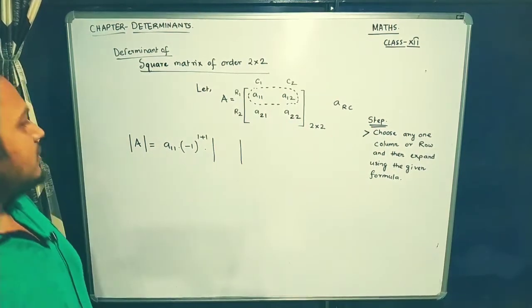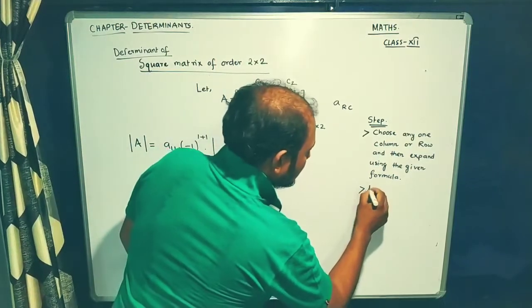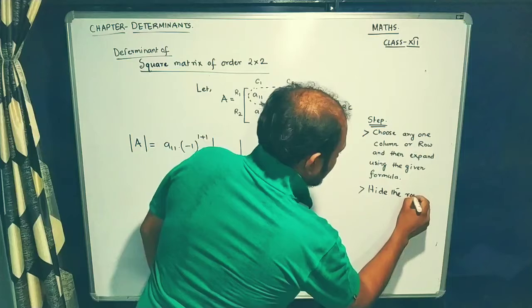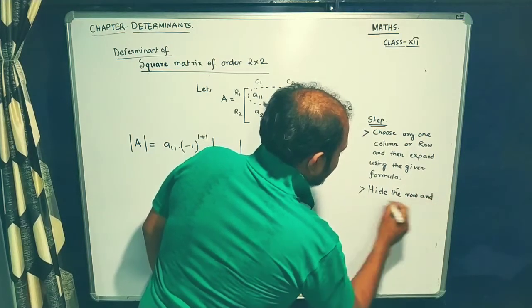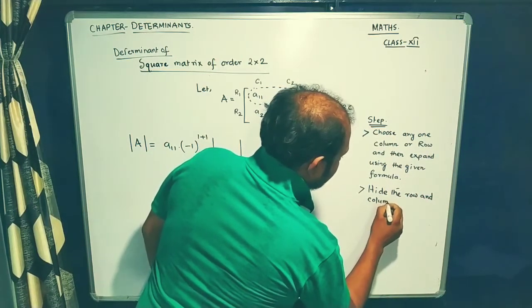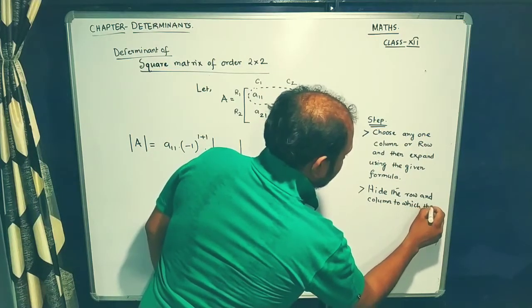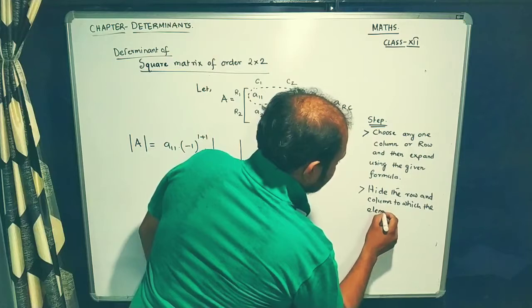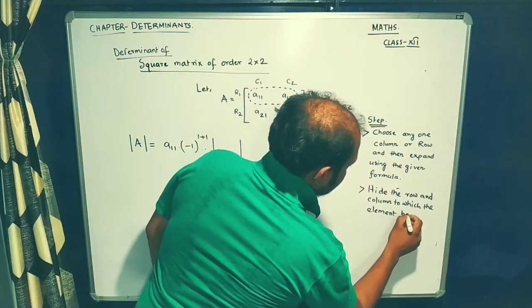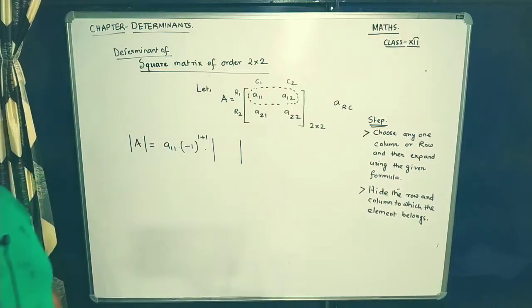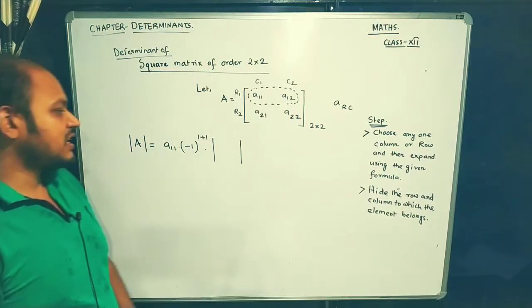Then the next step is to hide the row and column to which the element belongs.